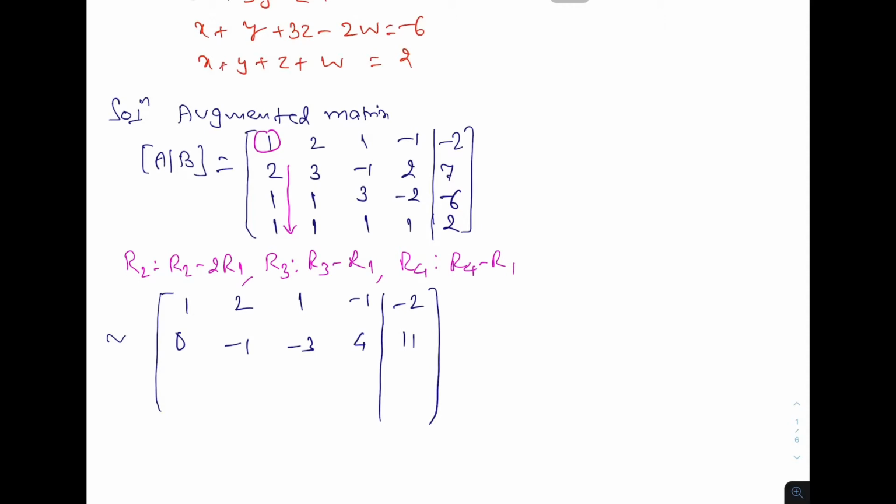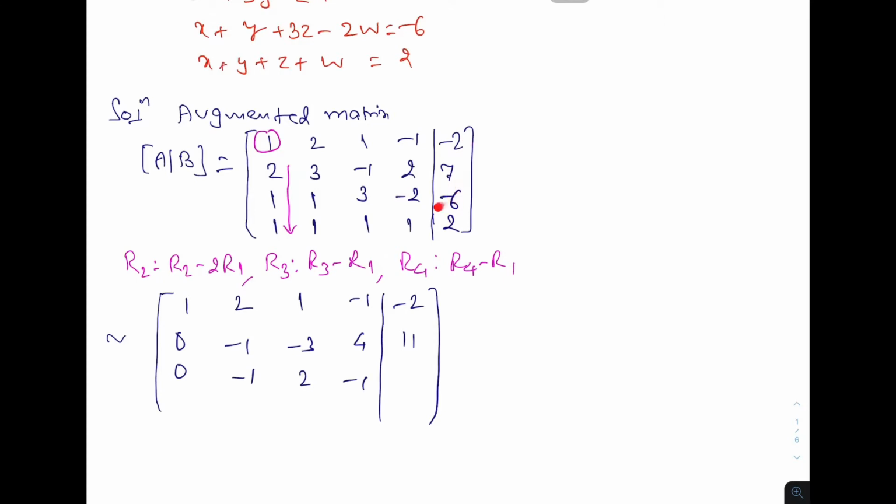Then R3 minus R1, it is a subtraction of the third and first row, so that is a 0. Then 1 minus 2, so that is minus 1. 3 minus 1, so that is 2. Minus 2 minus minus 1, so that is minus 1.